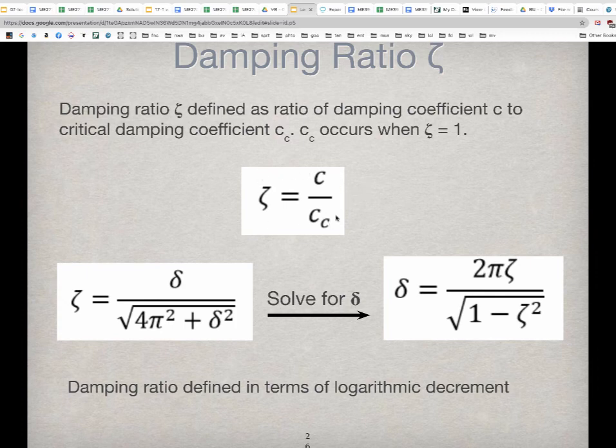The damping ratio is defined by this equation here. C sub C occurs when the damping ratio is equal to 1, and that's called the critical damping ratio, and that's very important because you want a system that has as little oscillation as possible.